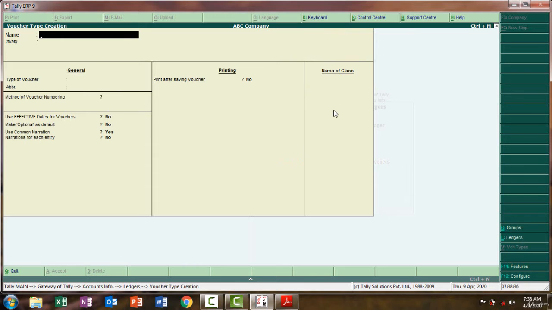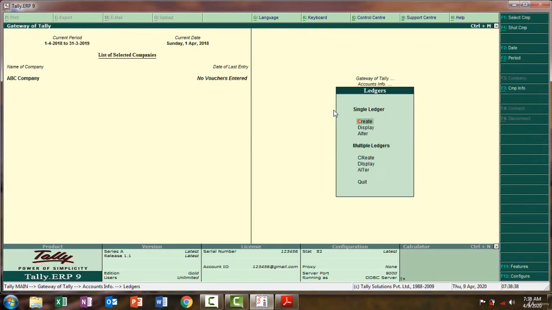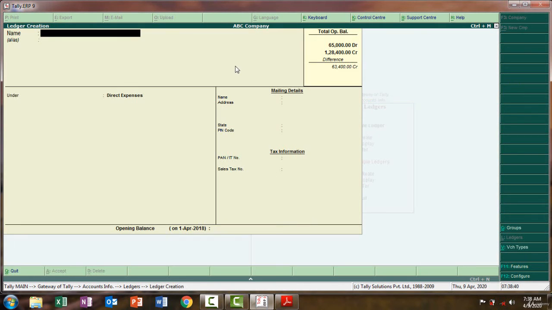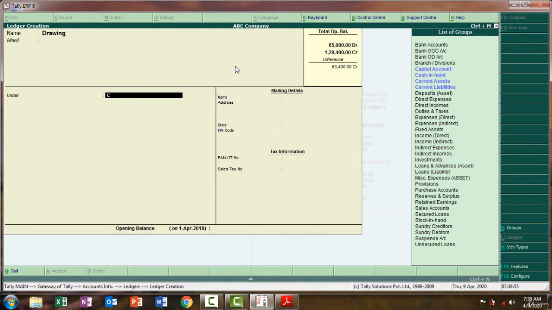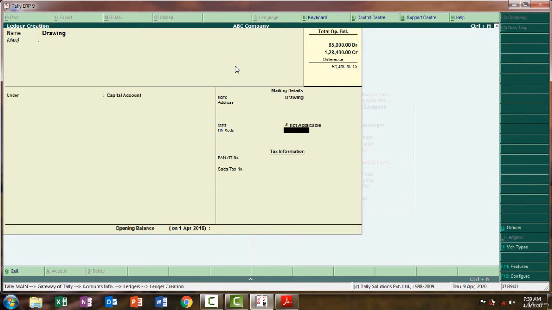Sometimes it's called draw, so I'm going to type draw, or maybe we can type drawing. Okay, drawing, and then it comes under the capital because we have to deduct from his capital account.